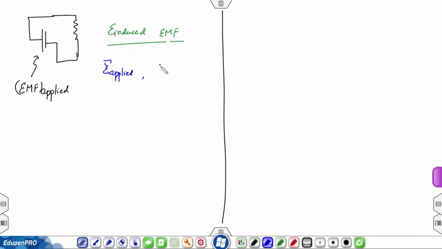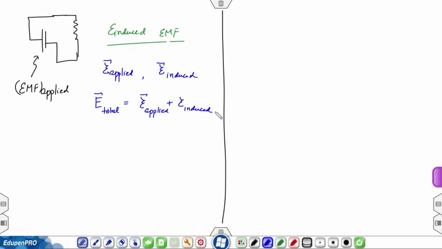applied and electric field induced. So, if I were to calculate E total in this resistor or wherever the current is flowing, it is going to be E applied plus E induced.